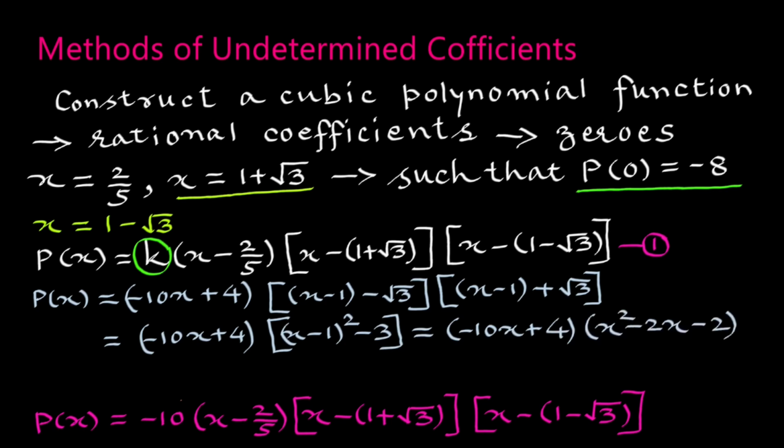After expanding and simplifying, we get the required cubic polynomial as minus 10x cube plus 24x square plus 12x minus 8.